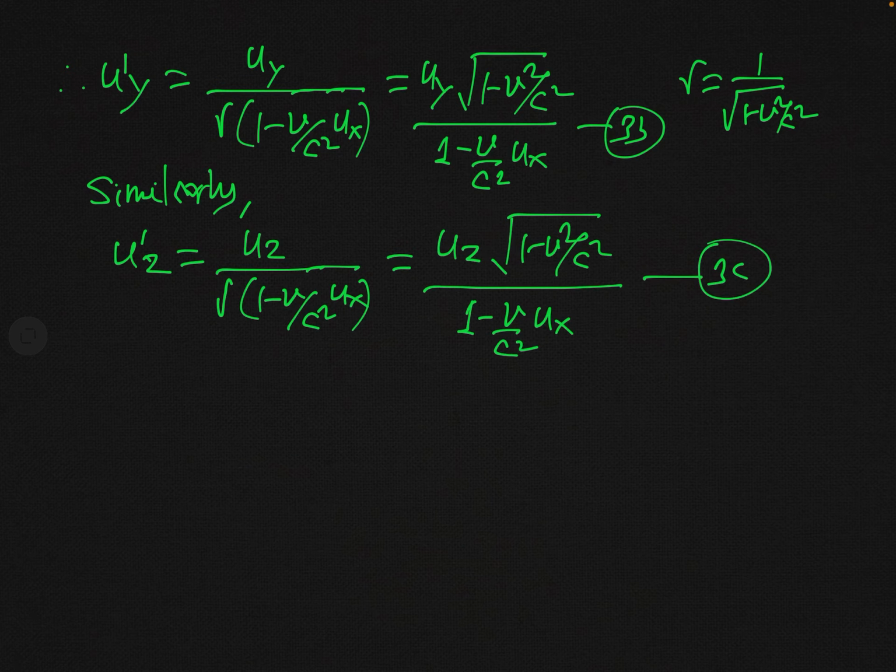Now, if our aim is to find the inverse transformation equations, you have seen how we find the inverse equations. For that, we simply interchange the prime sign, that is, all the unprimed quantities are made primed and the primed quantities are made unprimed, and at the same time we take minus v instead of v.